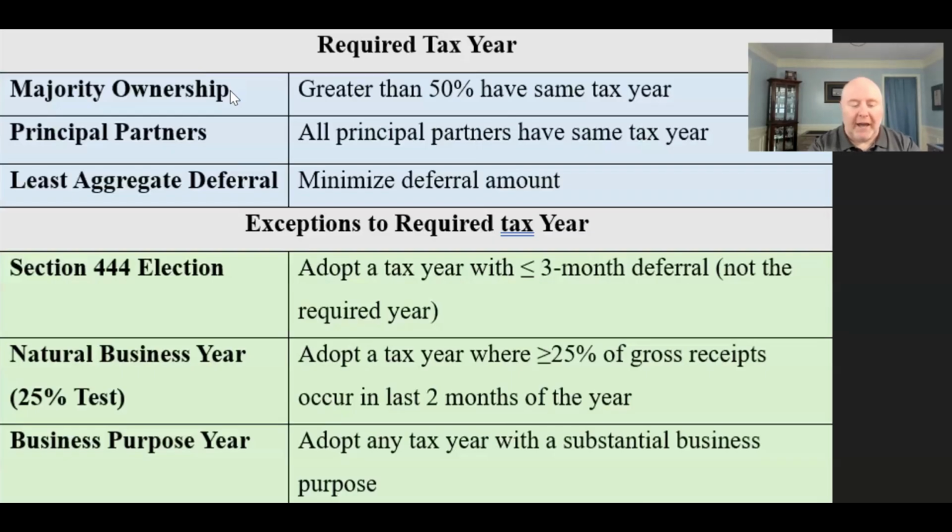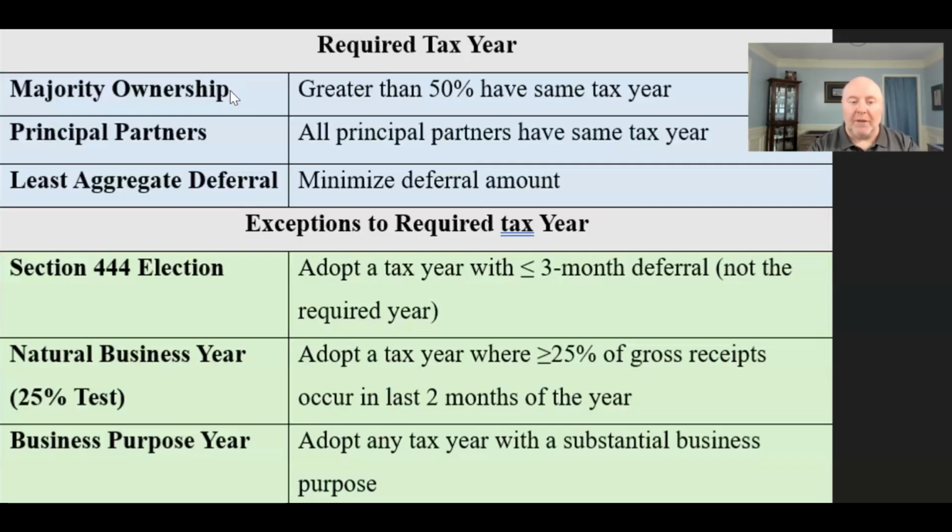Well, if at least 51 of those partners have the same tax year, then that'll be the tax year we adopt because out of the 100 partners, we have over 50% that have the same tax year. So if you had 51 taxpayers that had a June 30th tax year, then we would adopt a June 30th tax year. Okay, because we have over 50%. So that's the majority ownership.